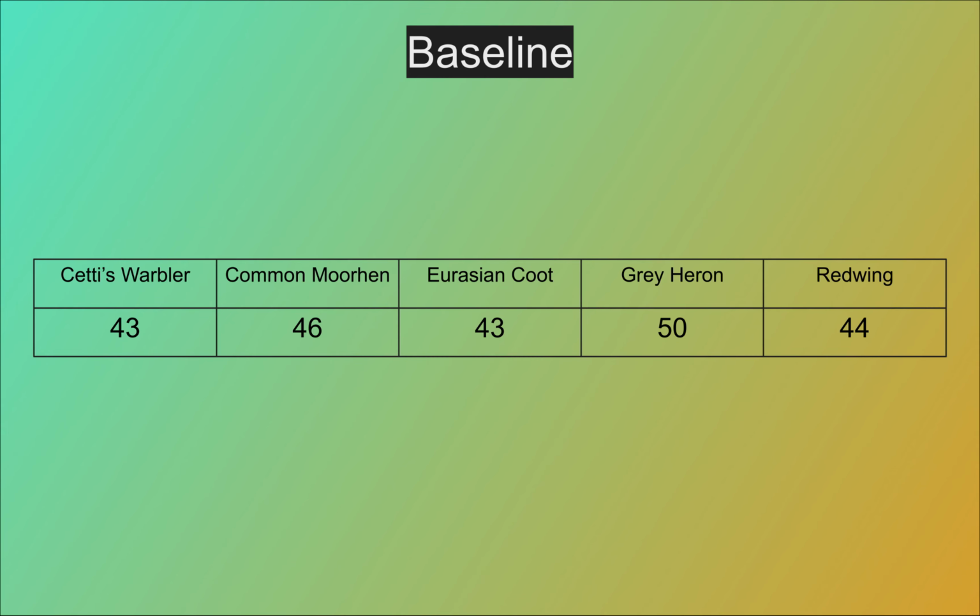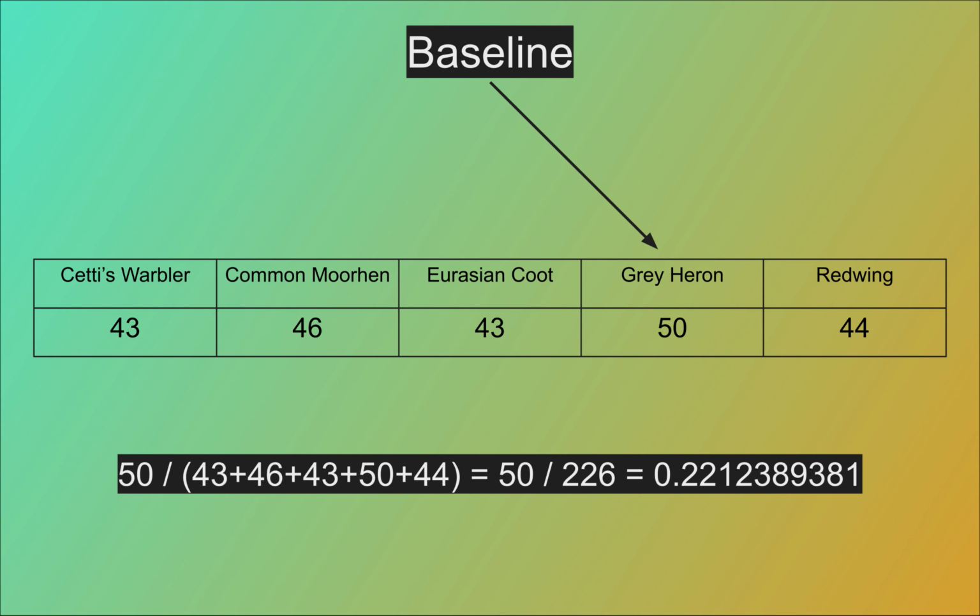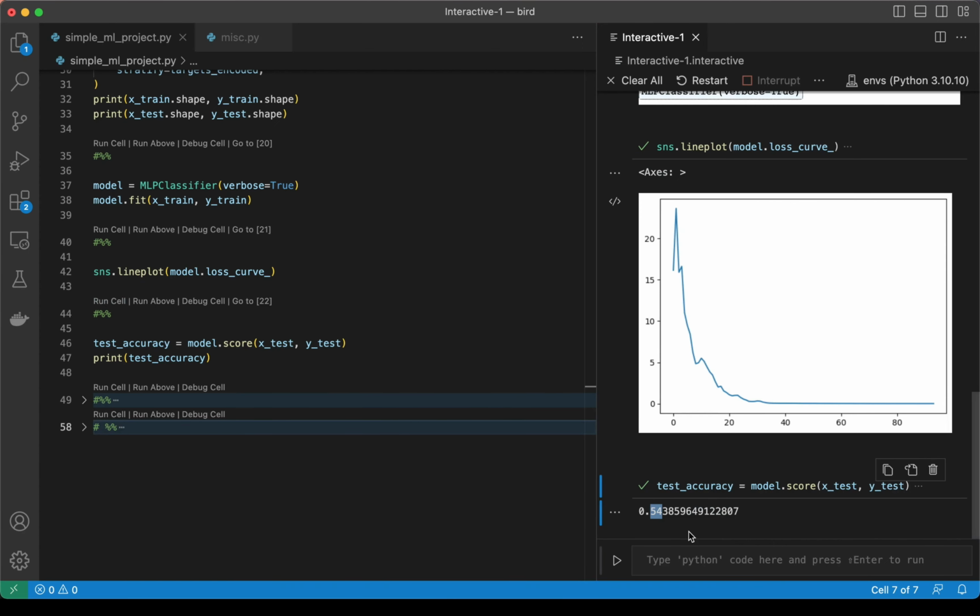Is this good? Well, let's do a baseline comparison. The simplest system would just guess the most common class in the dataset, which is a good time to point out that your dataset should be balanced. For this dataset, that would be 50 out of 226, so about 22% accuracy for the baseline. And our model definitely beats that.